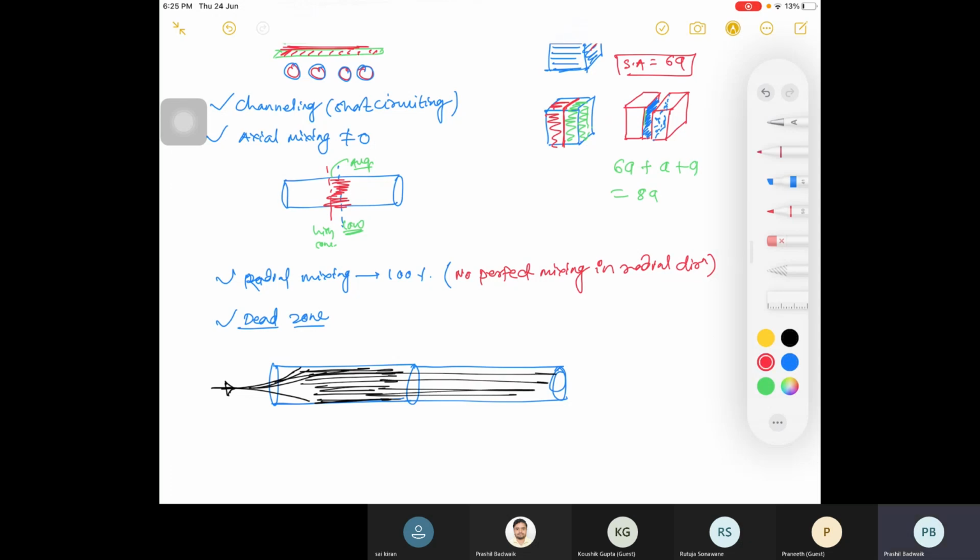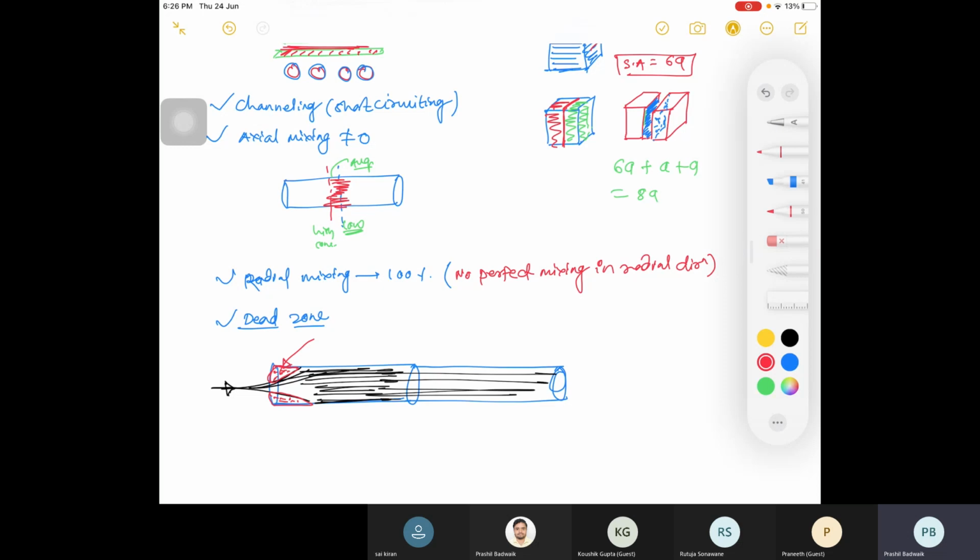But what about this space? ये तो vacant रहेगी right. It is not useful. So this space is called as your dead zone here. Dead zone in PFR. Okay, so suppose if I'm asking you how to avoid this dead zone, what kind of design you can do so that there will be no dead zone?